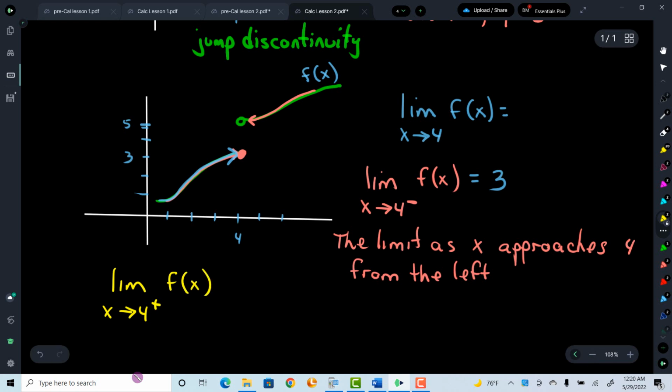So coming from this direction, what's it look like? Well, we're approaching 5. This is what we call one-sided limits.